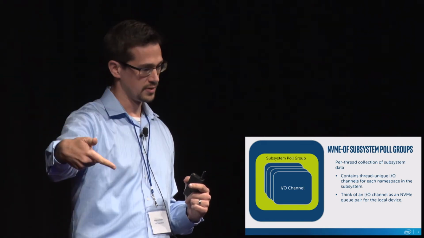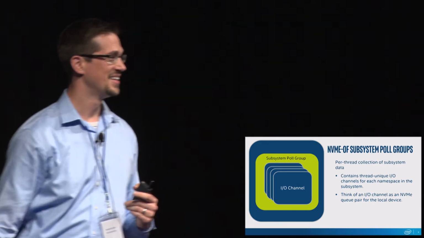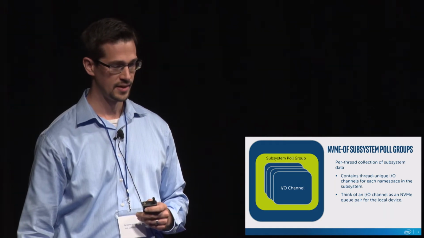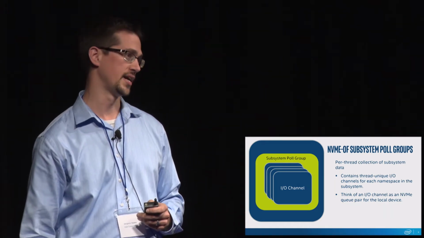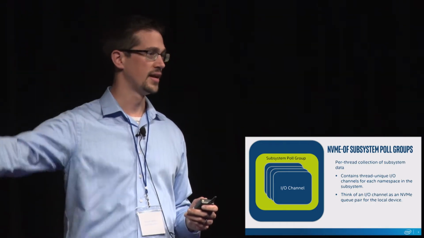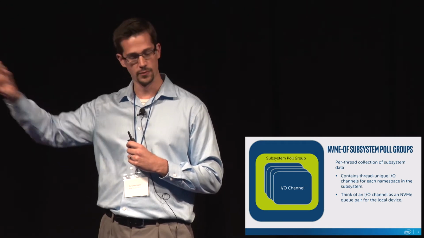That means it needs a per thread I/O channel per namespace. So that's what's contained here. This is, again, so that we don't have to look up global data when we handle a connection. A connection can run to completion on a single thread and has all the data cached in that thread for the whole I/O path.